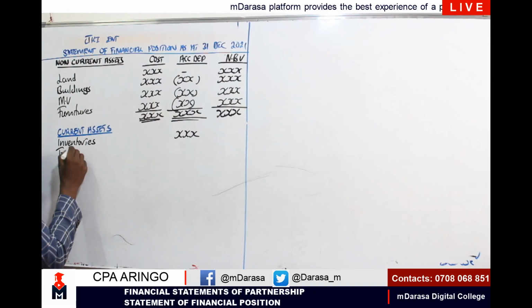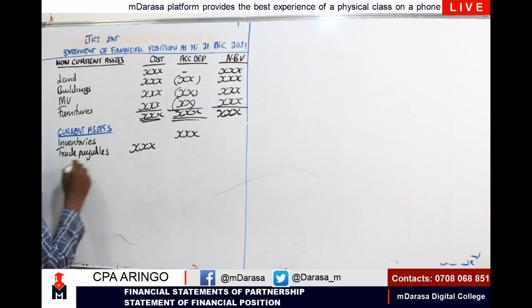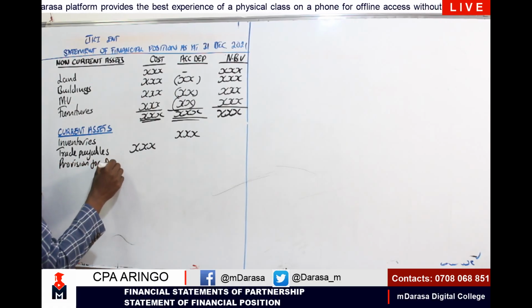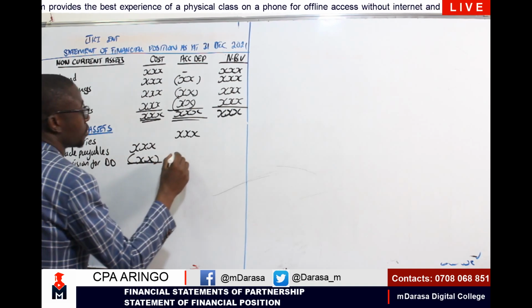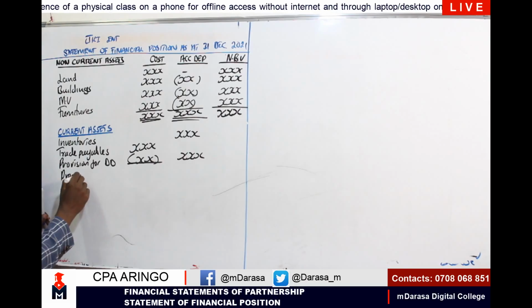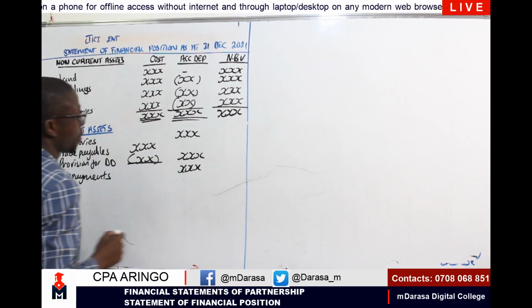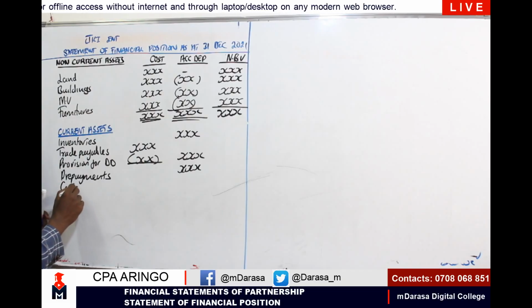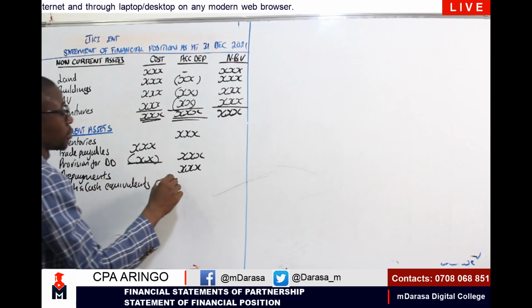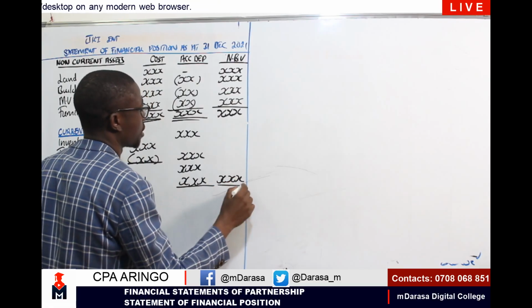trade receivables, less any provision for doubtful debts, prepayments, cash and cash equivalents, and the total current assets.